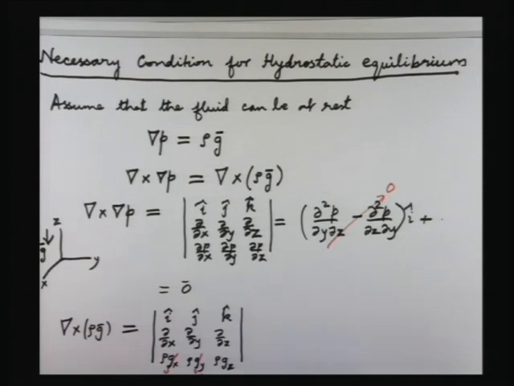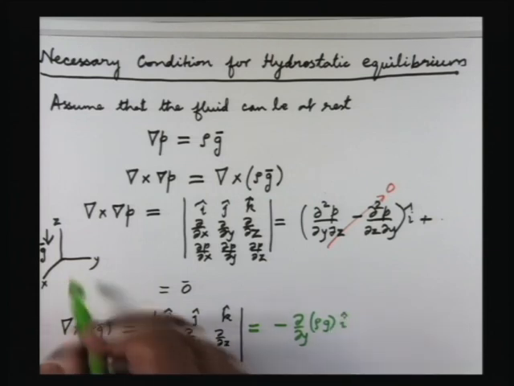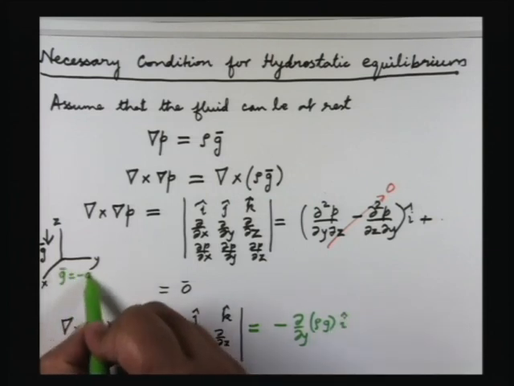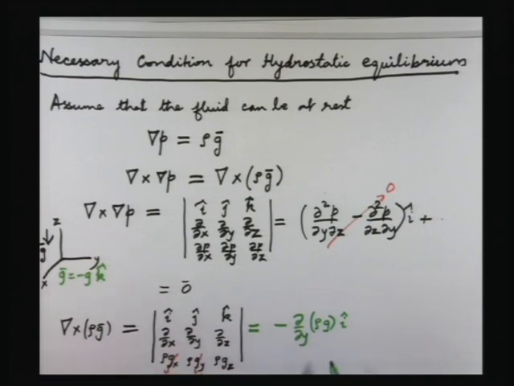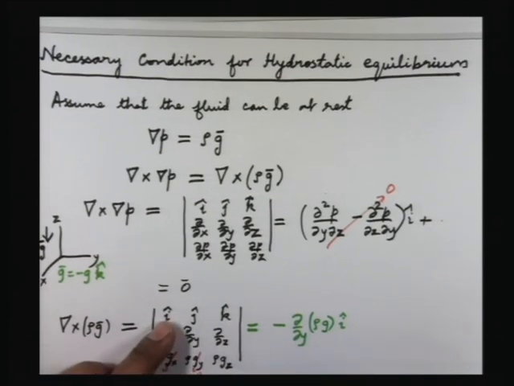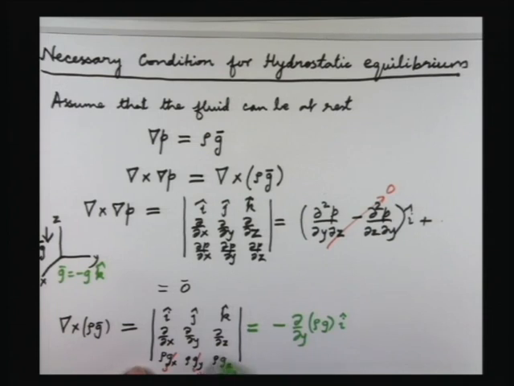So if you look at it this way, you're going to have minus del y of rho g I. So g is minus gk. So if you look at the I component, you have del y operating on, this is minus rho g, the third term.